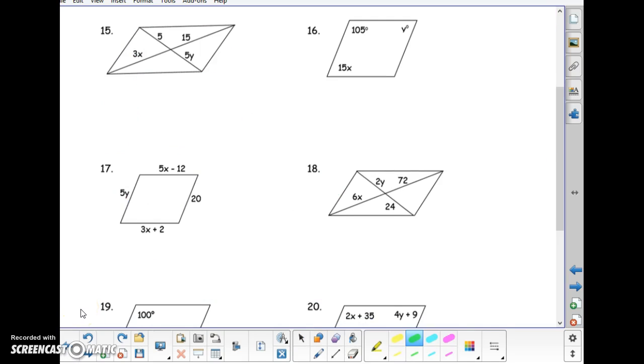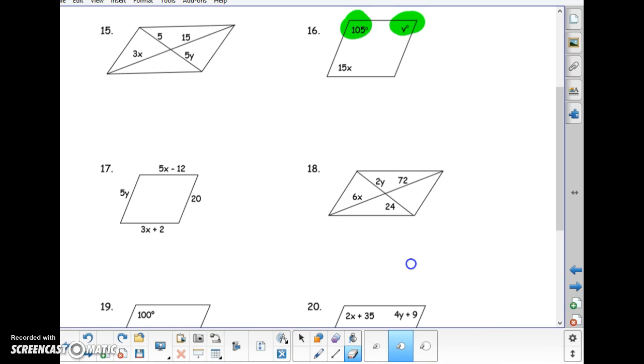If you're listening, that means that you've come back for some additional information, and good for you for doing that. I want to look at problem number 16, and normally I'd love to know that I've got these 2 diagonals, and so I know one is going to be congruent to the other. But that doesn't help me solve for x and y in this problem. So I'm kind of forced in this problem to use the idea that adjacent angles are supplementary.